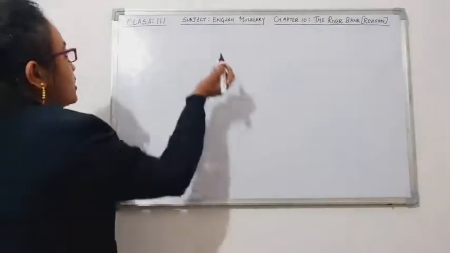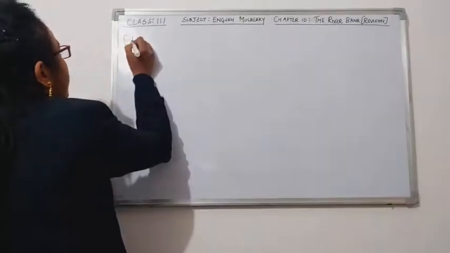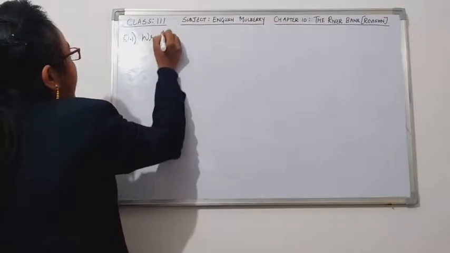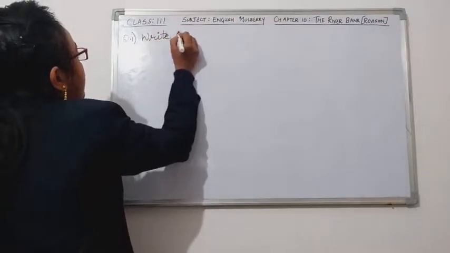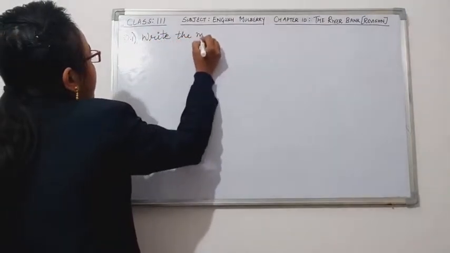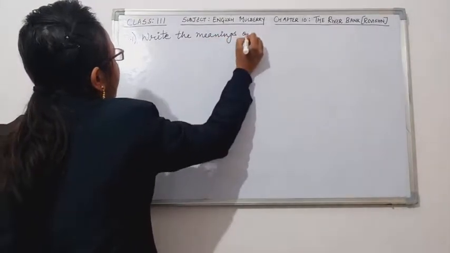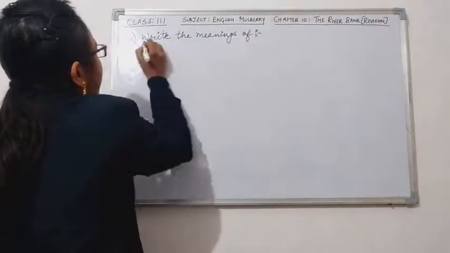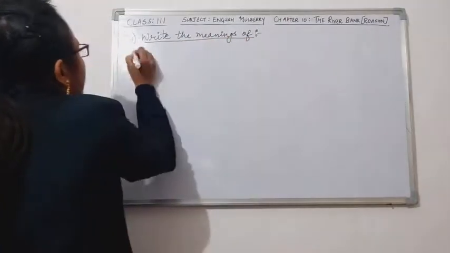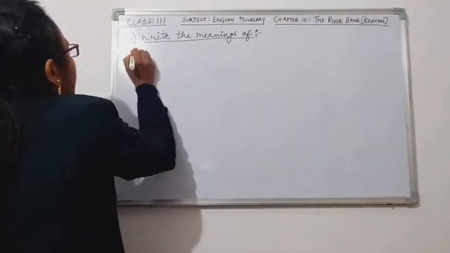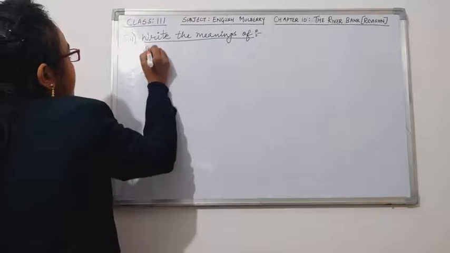So this is your worksheet. Question number 1. Write the meanings of the given words. First word is pale.